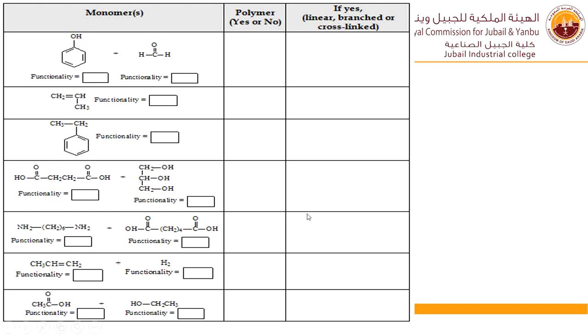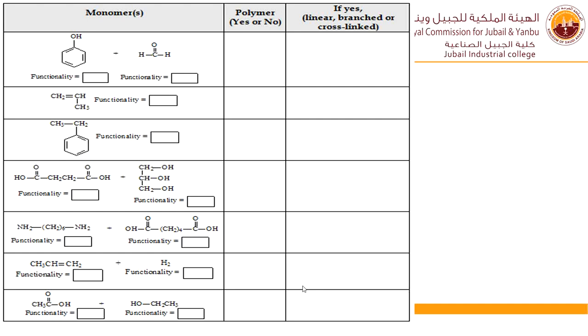Now, before we go into this, you remember that we have three categories of functionality. First, in terms of a double bond: if you have one carbon-carbon double bond, functionality is equal to 2, or two carbon double bonds, functionality equals 4. The second category is the number of functional groups: if a molecule has one functional group, functionality equals 1; if it has 2, functionality equals 2.